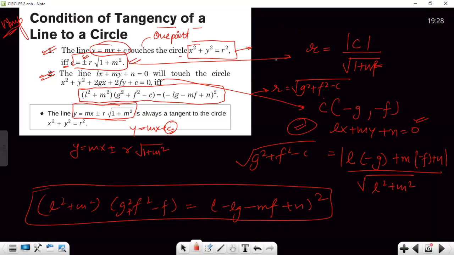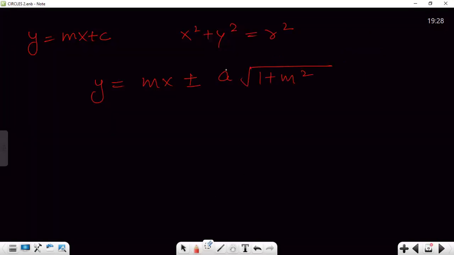Wait, it was r, not a. Like I remembered a as the radius, but r is the radius, not a.